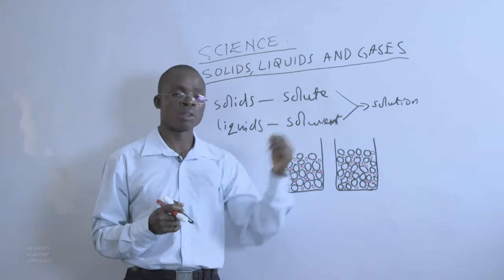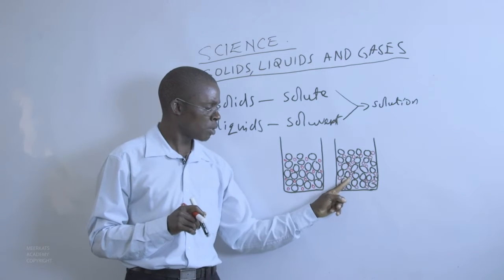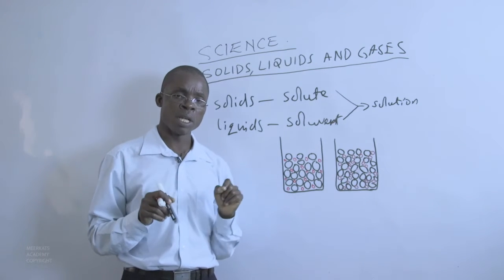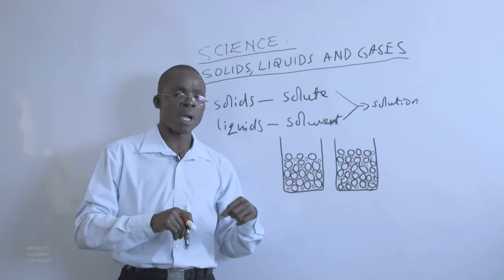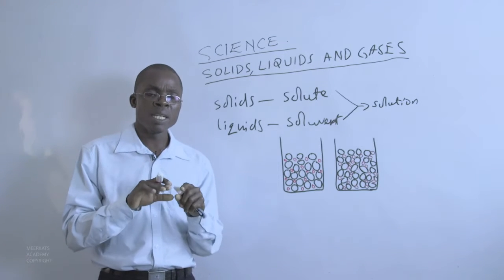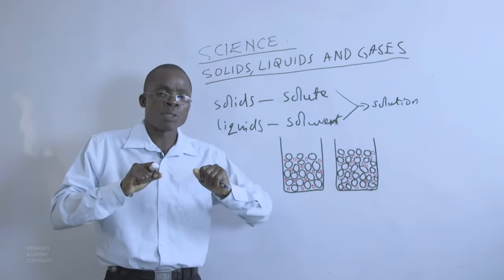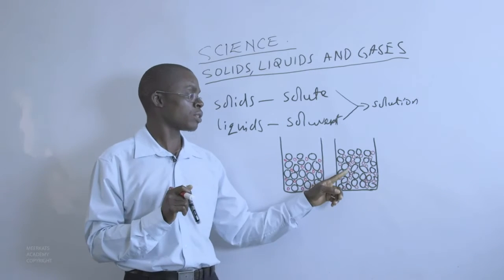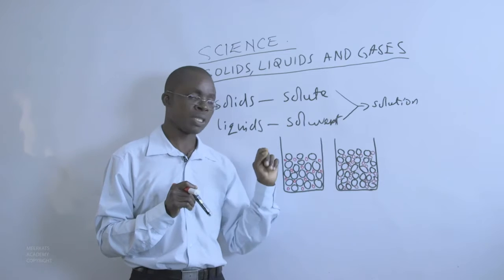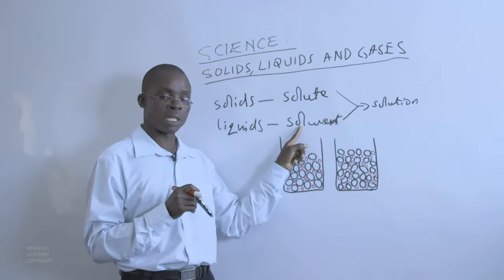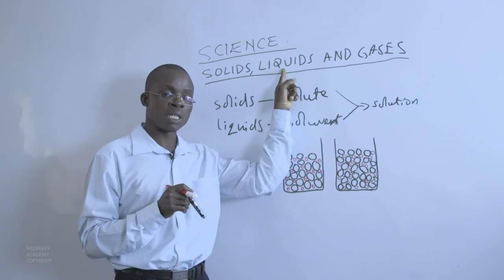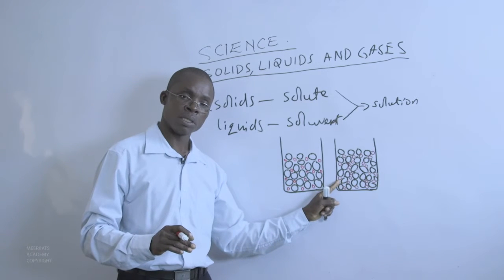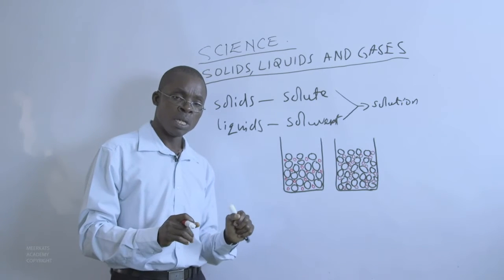Yes, you have already formed a solution, but this particle between the solvent particles occupies space, so it will slightly, not so much, push the particles in the liquid state, the particles in the solvent, away. Remember, they occupy space. So by occupying space, they readjust.